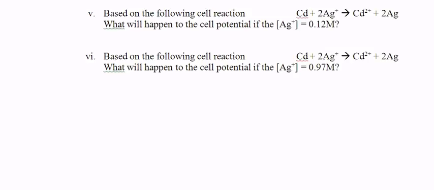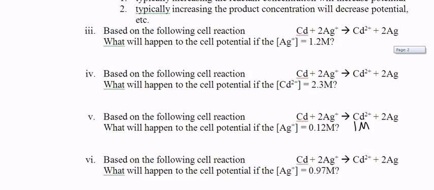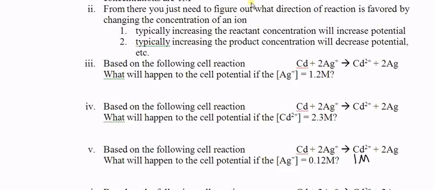And we got our next 2 examples shown here. And so in this case, once again, we've got the same balanced equation. We can assume 1 molar for cadmium. And in the case of silver being a reactant, now its concentration has decreased. So we go back up and let's see.